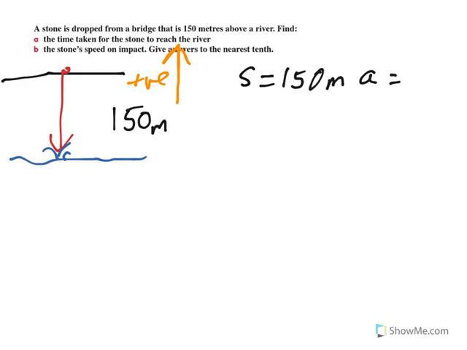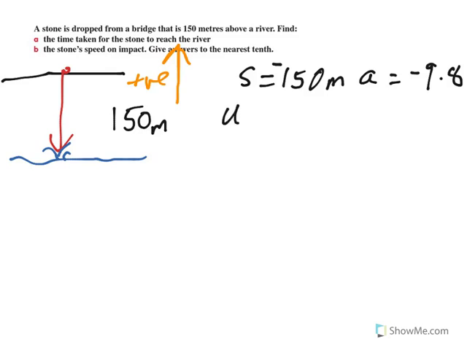So, if up's the positive direction, then s is actually negative 150 because it's travelling in the down direction. Acceleration due to gravity is pulling the stone down, so it's negative 9.8.